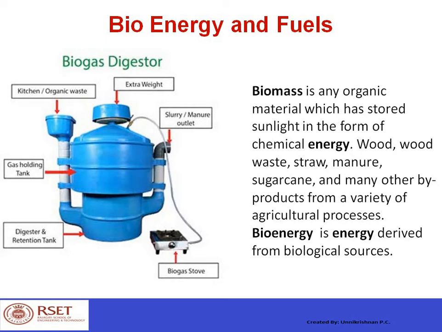Bioenergy is energy derived from biological sources or from biomass. The best example is a biogas plant commonly found in homes. The organic waste from the kitchen is the input to such a biogas plant, and it produces cooking gas which can be connected to a biogas stove.